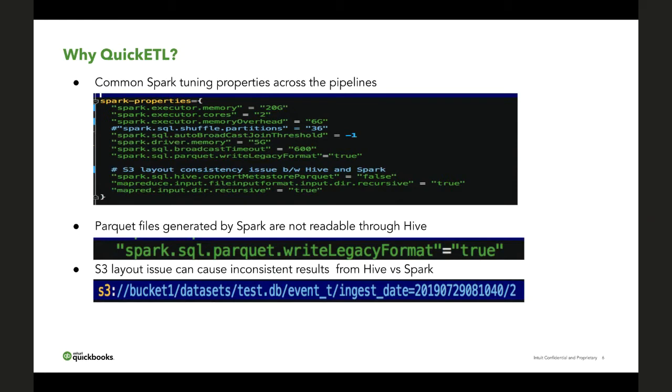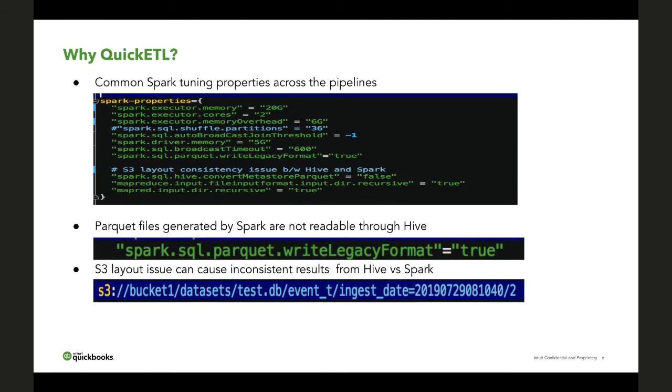In one example where we faced this issue, if you use the latest Spark version, it generates decimals in int format, whereas Hive only understands a byte array format, right? Now once you identify this, I would like to fix it across all the ETL pipelines. How can I do that, right?